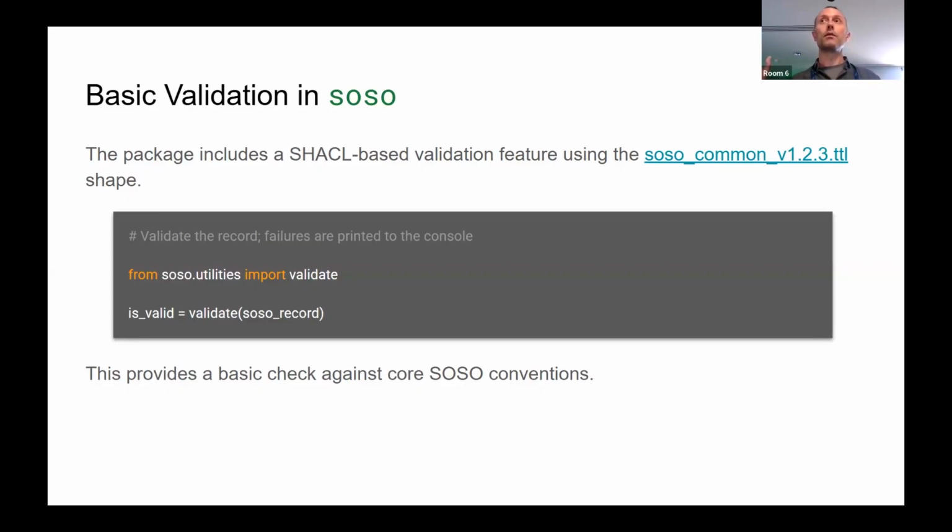You pass in a SOSO record, call the function, and right now you just get back a Boolean value: true, it's valid; false, it's not. The report, and any errors or warnings, just show up as a printout to the console. So it definitely could be improved upon, but it provides some basic functionality that can be augmented going forward.